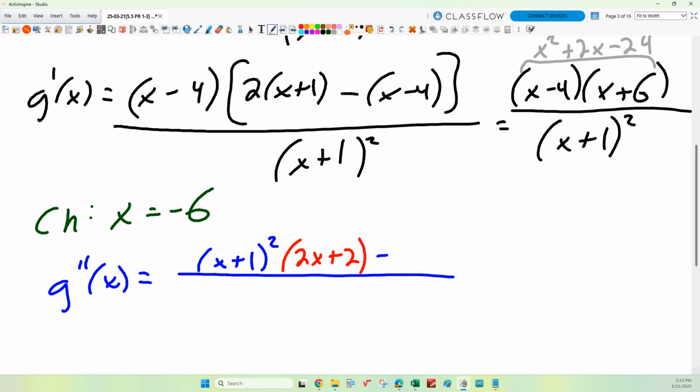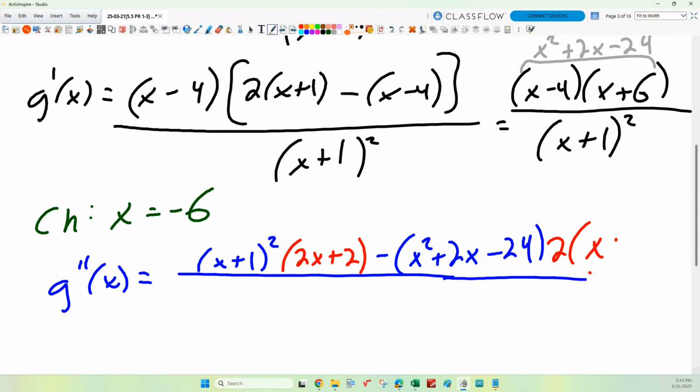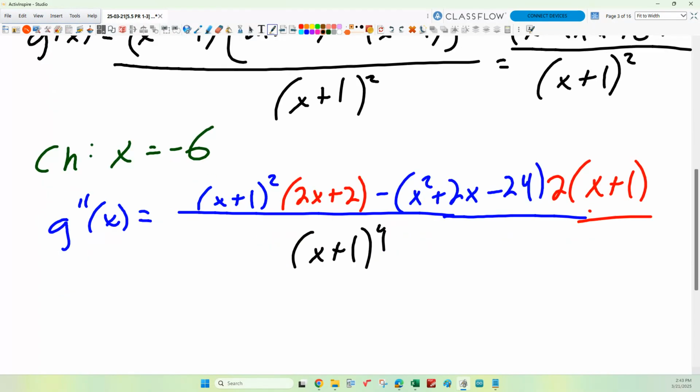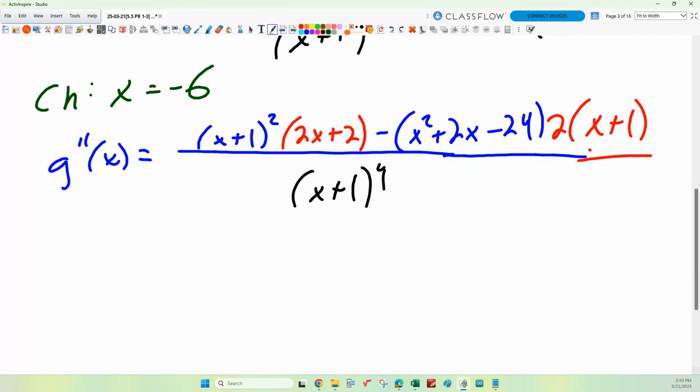So let's just go ahead and write it in its expanded form, times the derivative of the bottom, d low, which is just 2 times x plus 1, isn't it, to the 1? Okay, divided by the bottom squared. x plus 1 squared squared is x plus 1 to the 4th. Okay, now don't expand this out if you can avoid it.